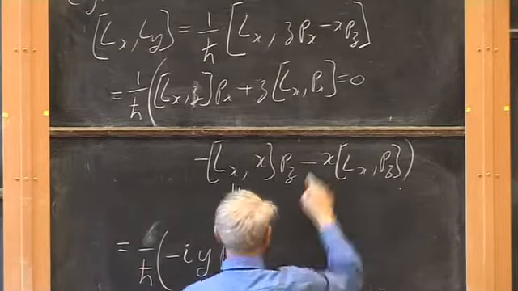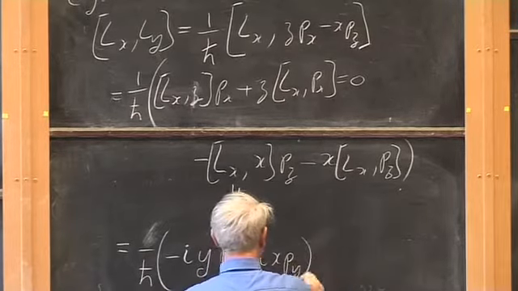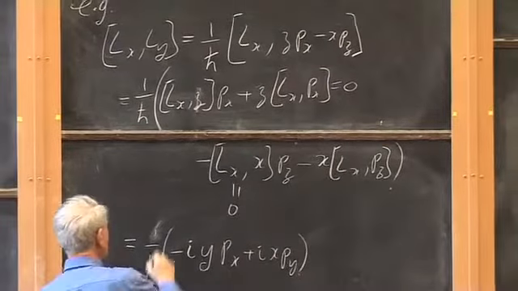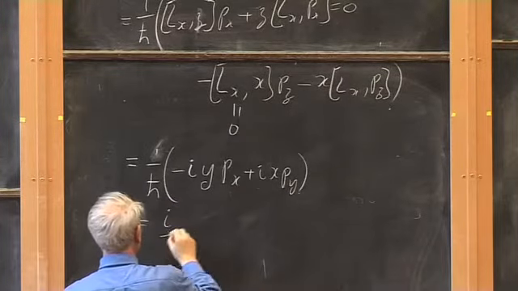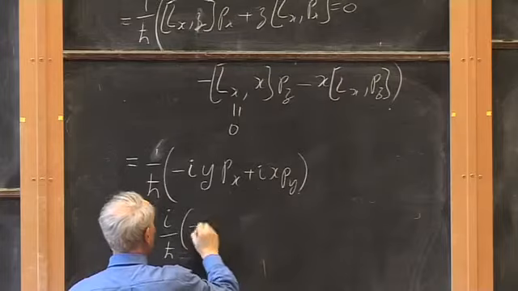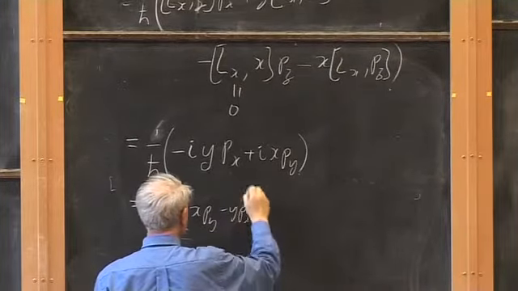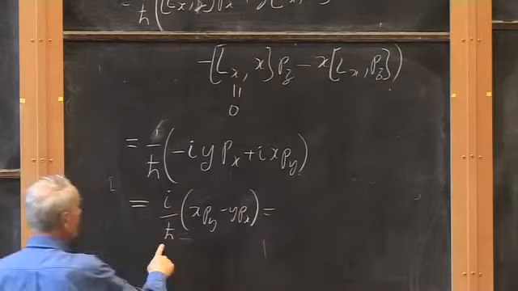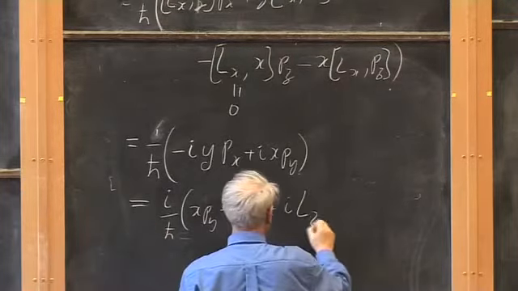So we have two minuses, so we'll have a plus i x py. So this is equal to i over h bar of x py minus y px, which with this h bar together make Lz, so it's i Lz.